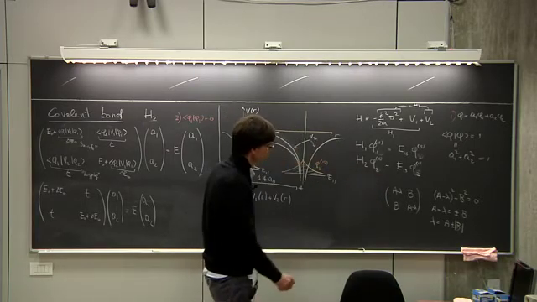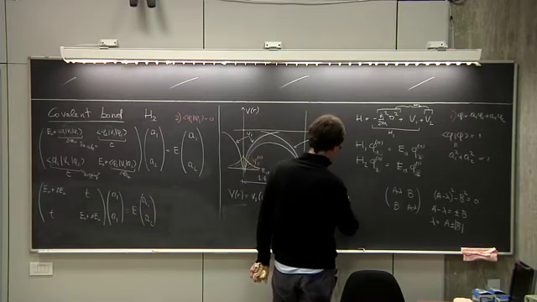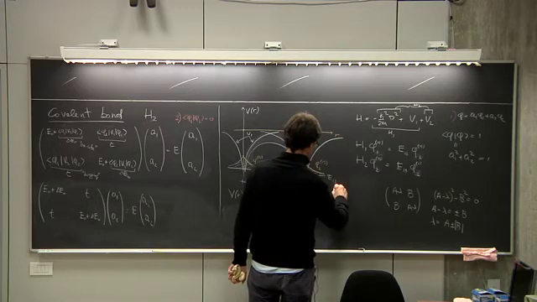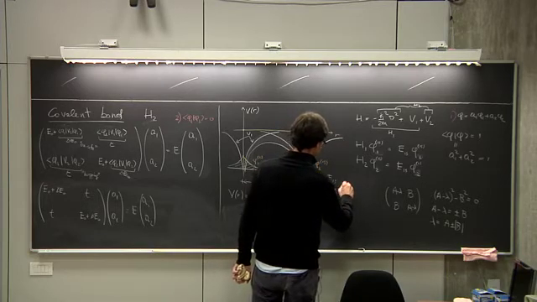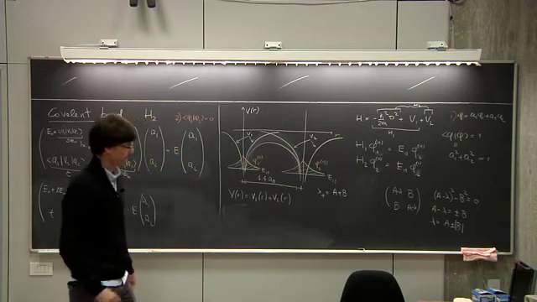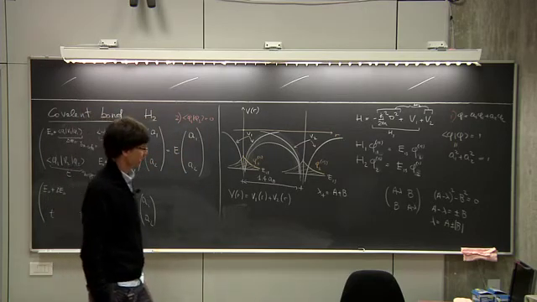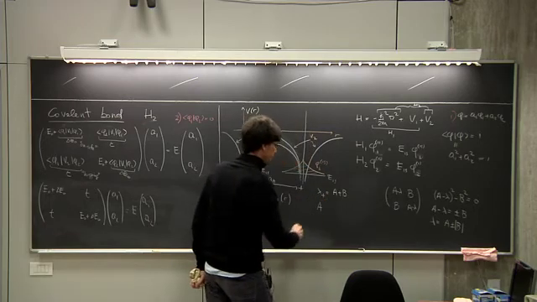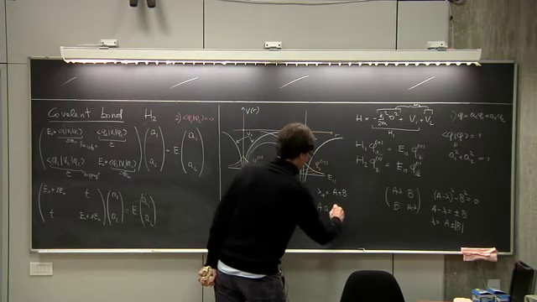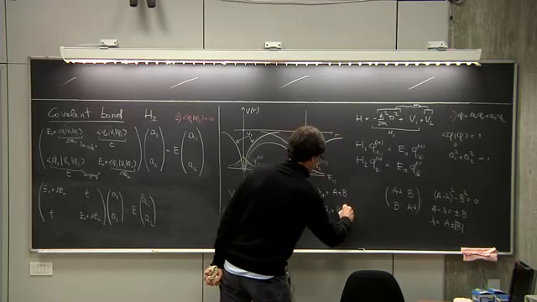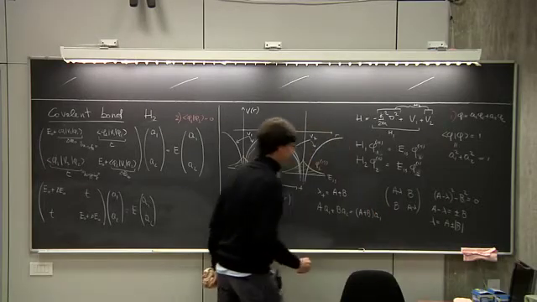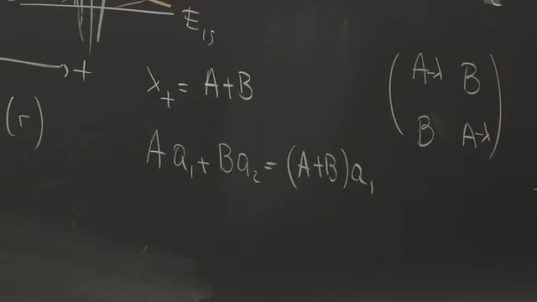So let me take the solution A plus B. Lambda plus is equal to A plus B. Right, so A A1 plus B A2 equals A plus B A1, right?